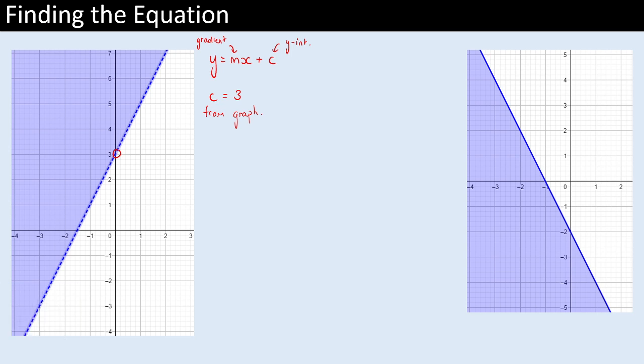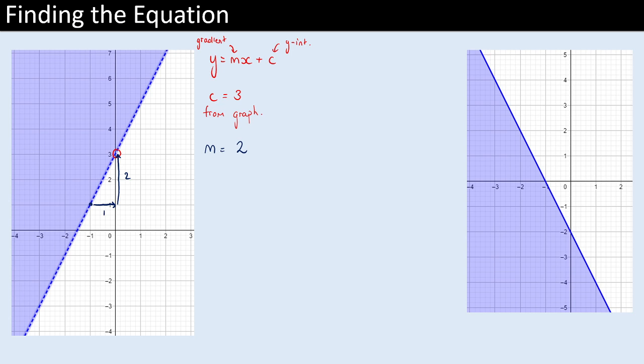If I pick a point, there we go, and I go 1 unit across, I have to go 2 whole units up. So my gradient for this should be 2, because for every 1 unit I have to go across, I have to go 2 units up.